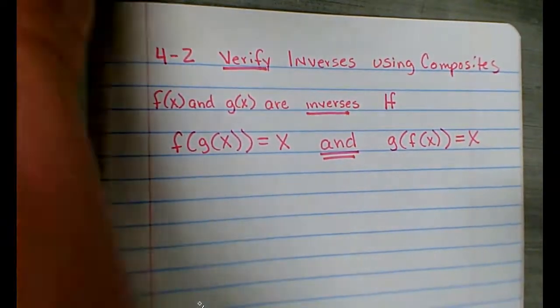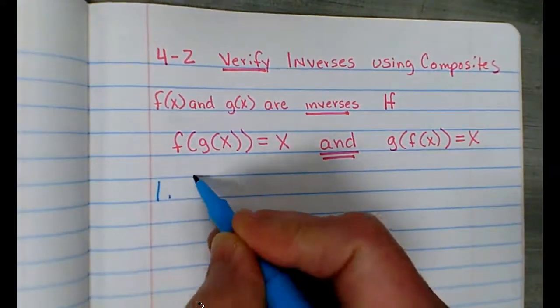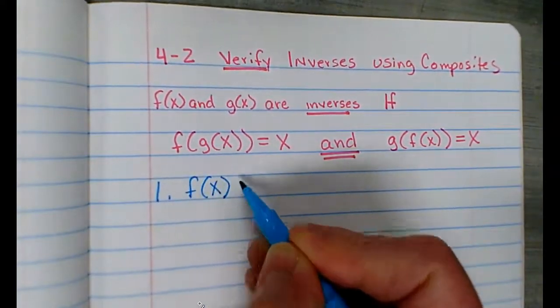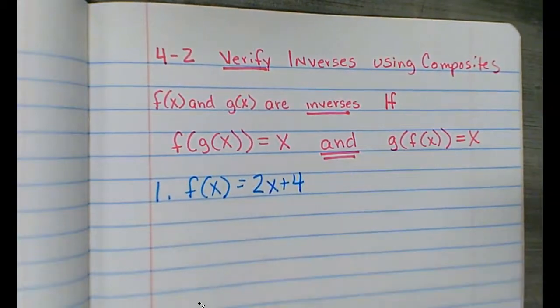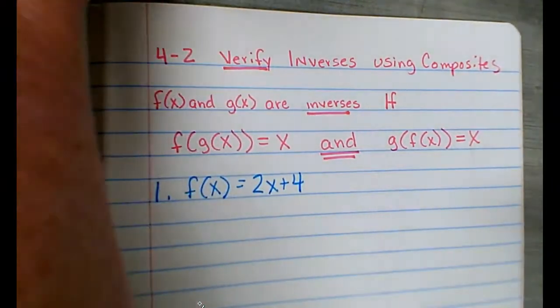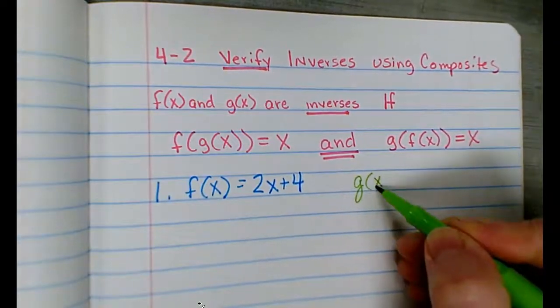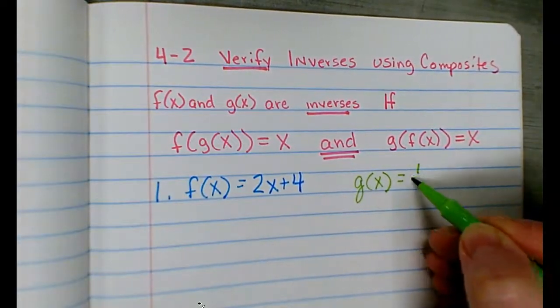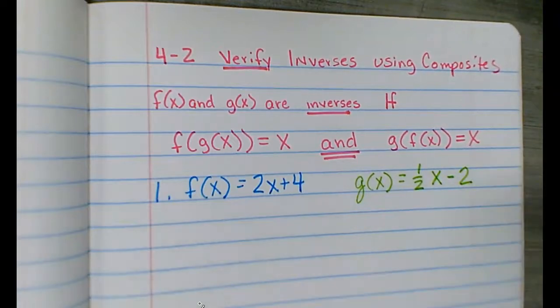So we need to start out with two functions. f of x equals 2x plus 4 and g of x equals 1/2 x minus 2.